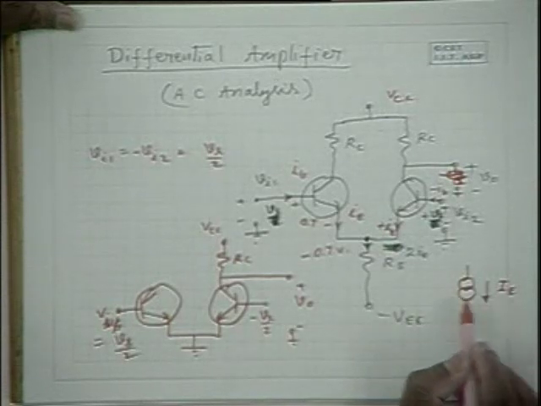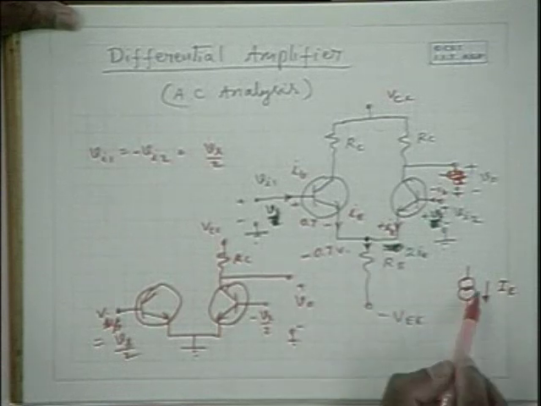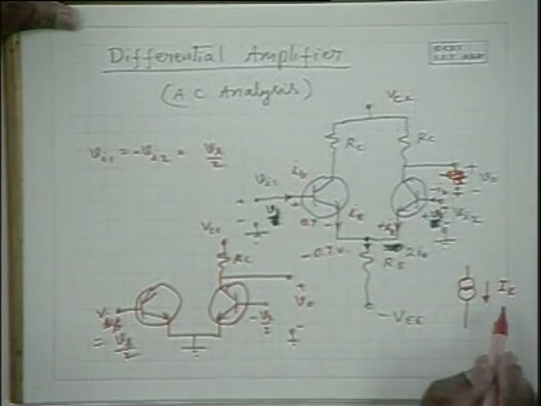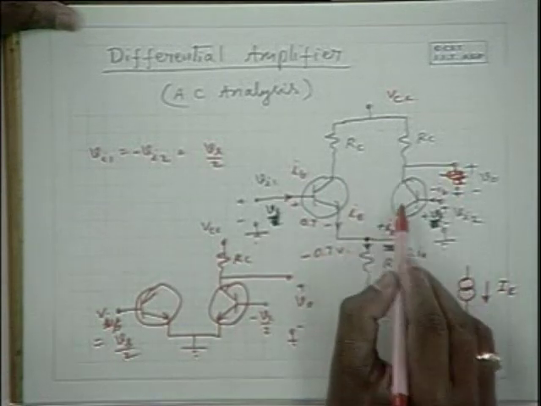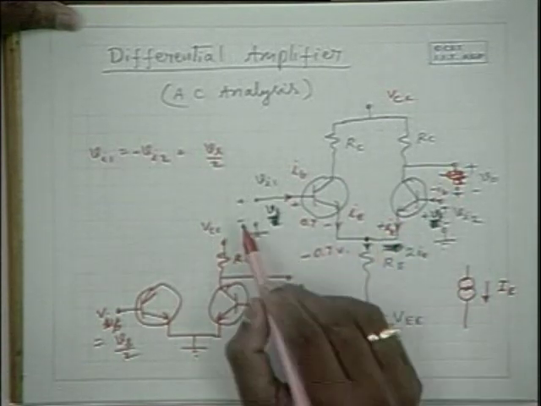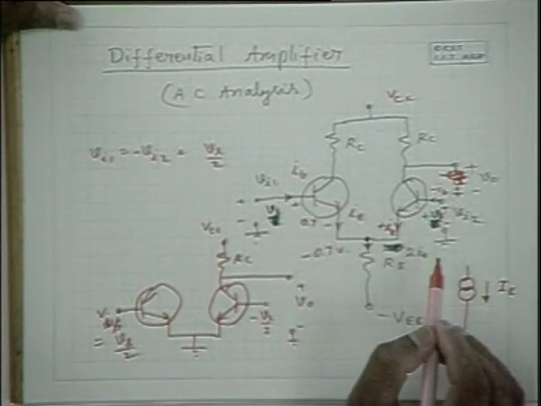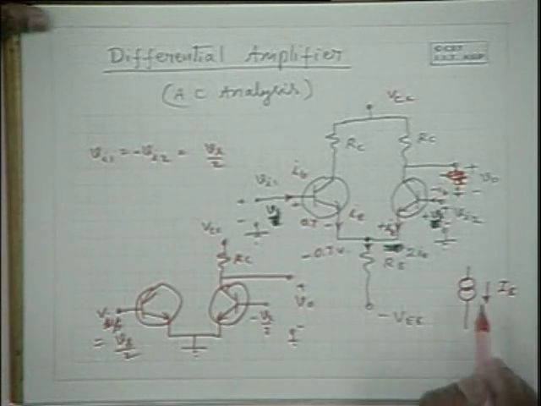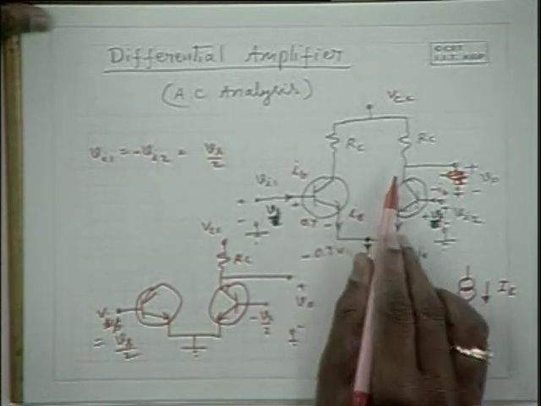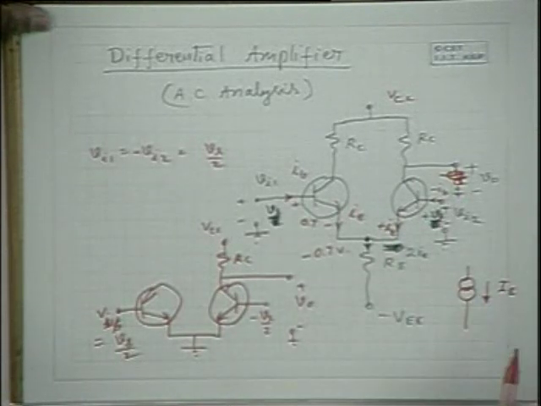Now, with RE replaced by a constant current source equal to IE, IE by 2 flows in here and another IE by 2 flows in here in the absence of the signals, and the biasing is done such that if you want 1 milliampere here and 1 milliampere here, you make it a 2 milliampere current source.